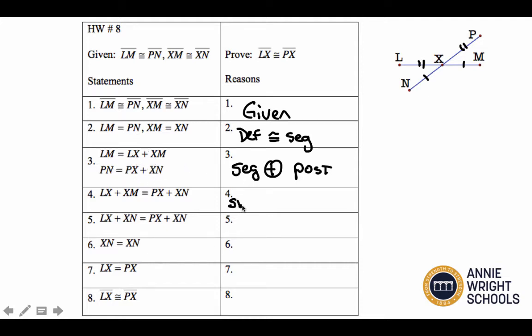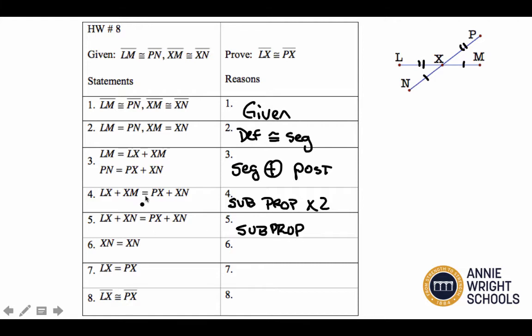So this is the substitution property, and we did that property twice. Now I'm going to say that LX plus XN equals PX plus XN. Notice I'm now substituting XN for XN, so that's the substitution property again.